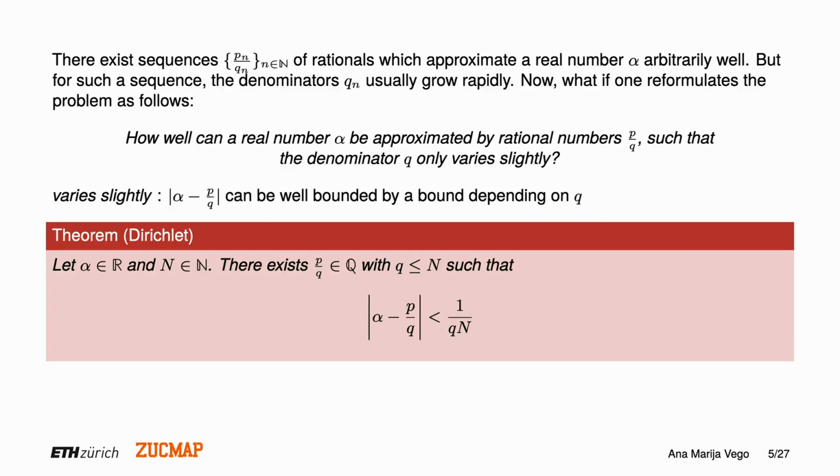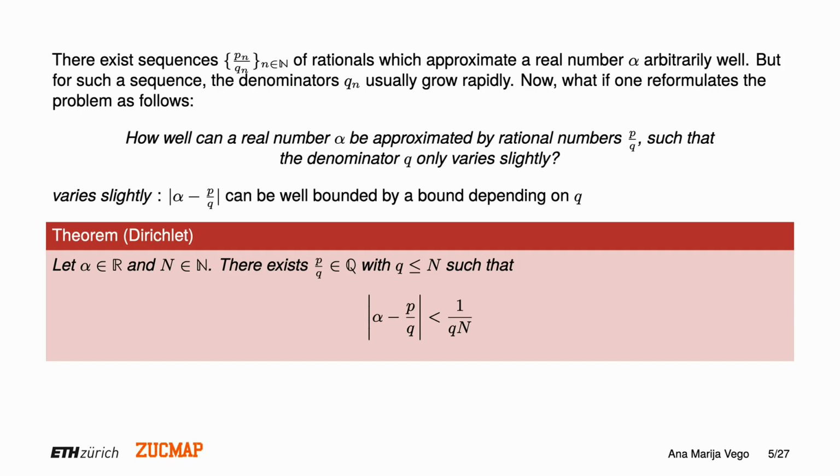And there's a classical theorem by Dirichlet which gives the first attempt to answer this question. He said that if we take a real number and an arbitrary positive integer n, then there exists a rational number p over q such that the denominator is smaller or equal to n, and such that we have the following inequality.